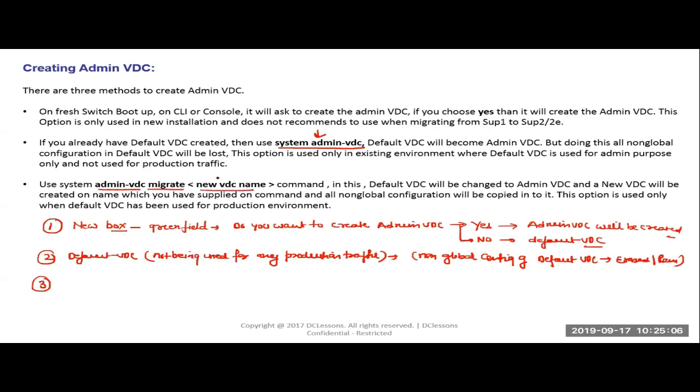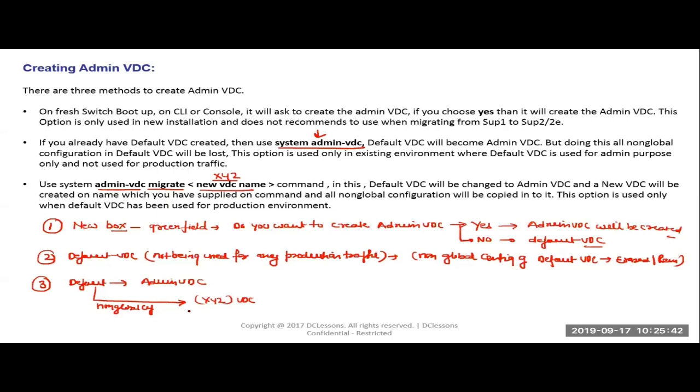So what will happen? Let's suppose you created a new VDC named XYZ. While running the third command, your default VDC will be converted to the admin VDC. At the same time, the new XYZ VDC will be created, and all non-global configuration will be shipped to the new VDC from the default VDC.